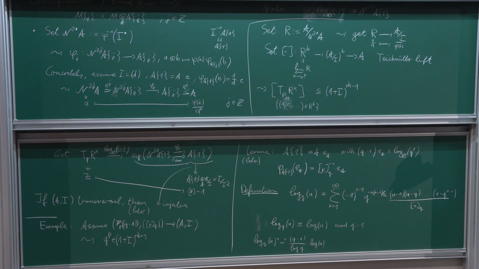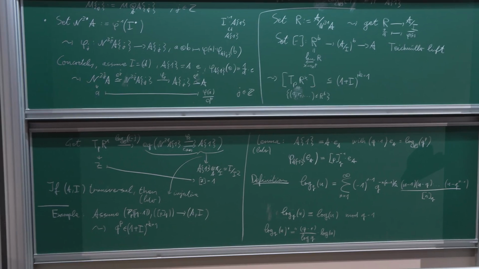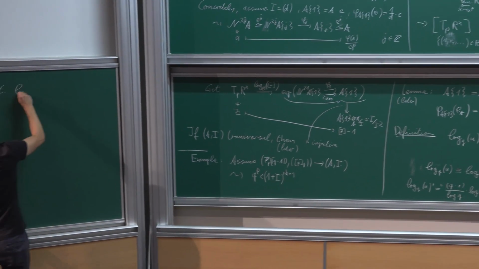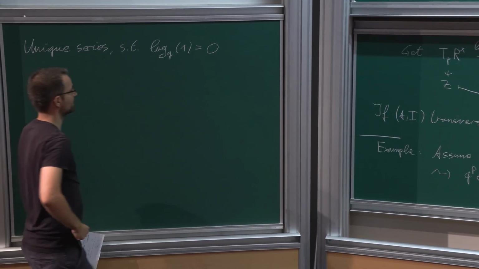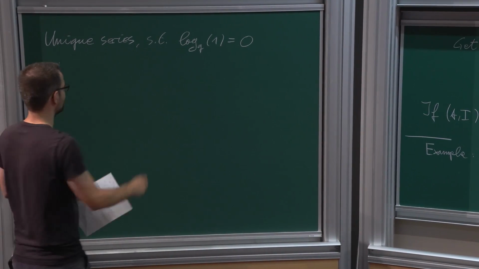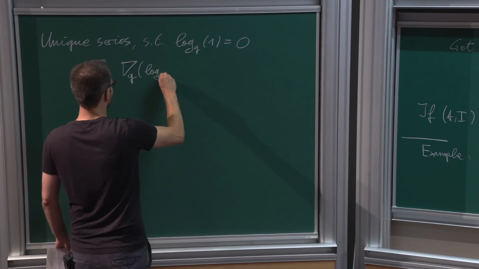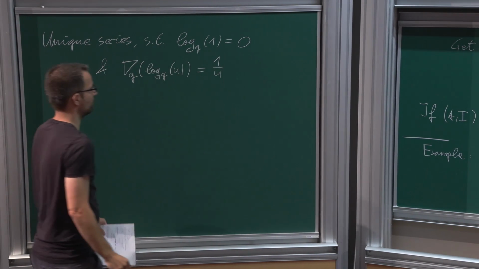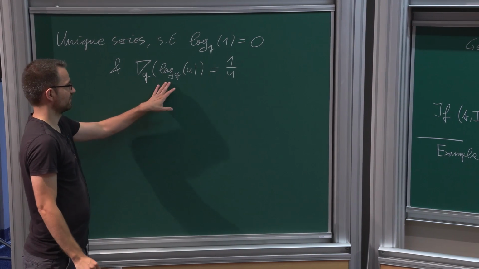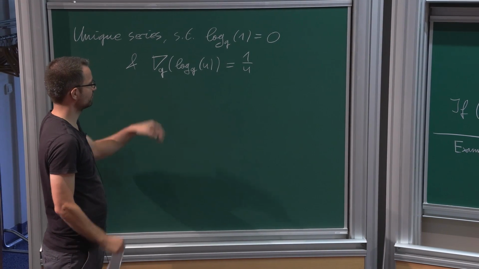And as such, it's actually the unique series such that the following two properties hold. Namely, if I plug in 1, then I get 0, and the Q derivative of this series is equal to 1 over U. So it has similar properties as the usual logarithm, but with the derivative replaced by the Q derivative.